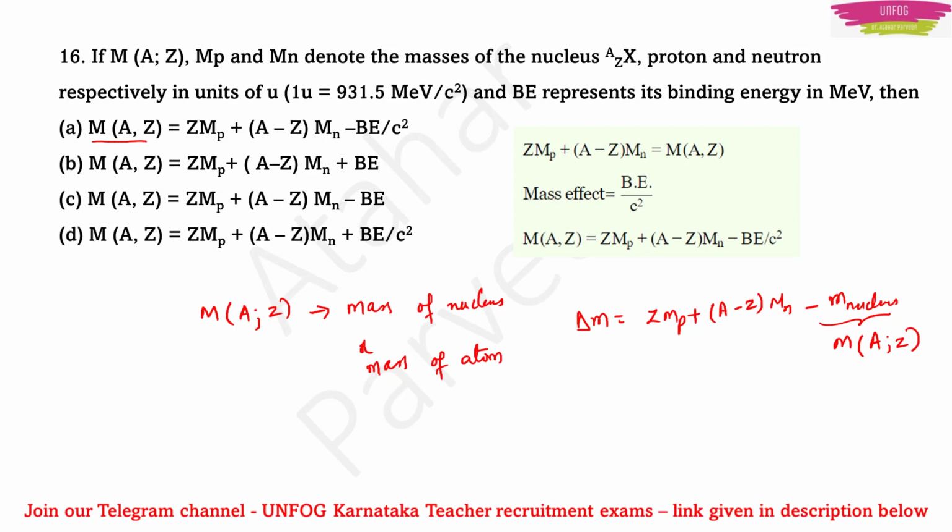So you put it in the left hand side. Now this is equal to BE upon c square, right? So this thing you put it in the left hand side and this thing in the right hand side. Same answer you will get as before, that is option 1. This only is the correct answer. Correct? This only we got last time also, minus BE upon c square. Okay.